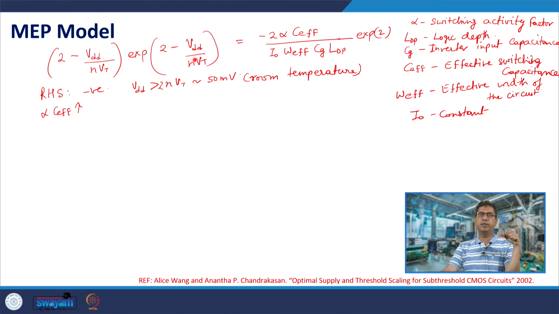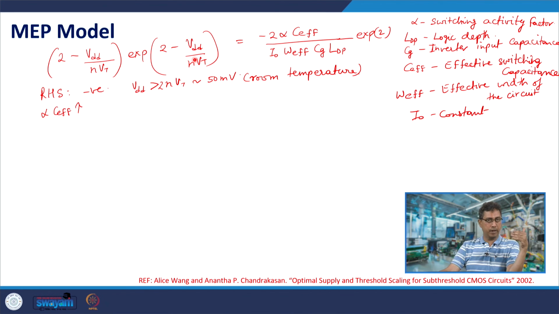Well, so what did we say earlier? When you increase the switching capacitance in a circuit, then dynamic energy increases and leakage energy stays the same if you are not changing the VDD, as the time period almost remains the same. So, the leakage energy remains the same, but now you are increasing the value of alpha C effective, so dynamic energy increases.